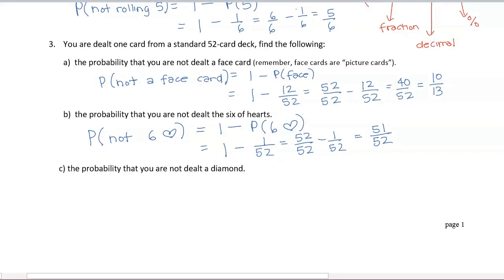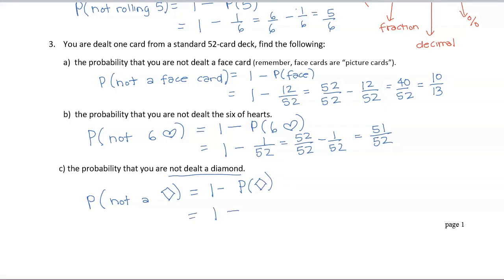Then finally, find the probability that you are not dealt a diamond. So the probability of not a diamond will equal 1 minus the probability of being dealt a diamond. So 1, then we just need to subtract off the probability of being dealt a diamond. Well, there are 13 diamonds, so that's 13 out of 52.